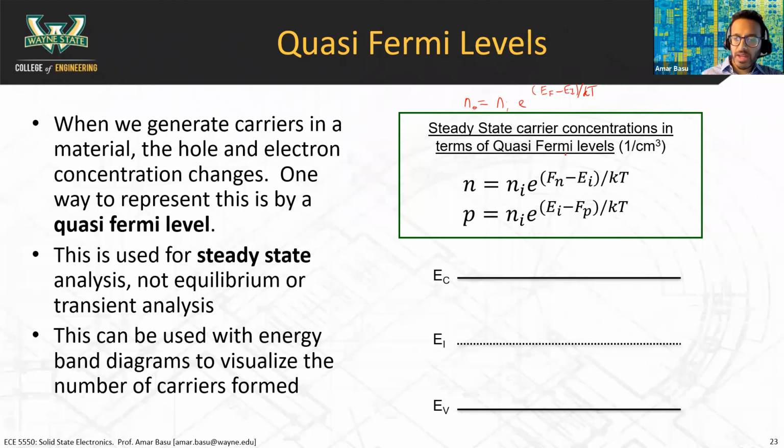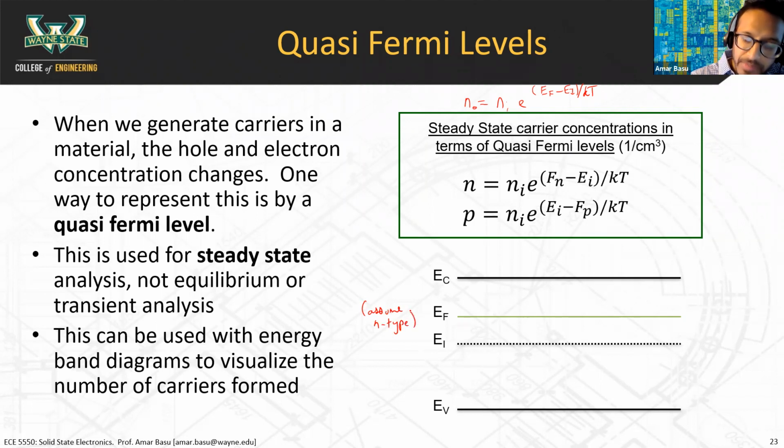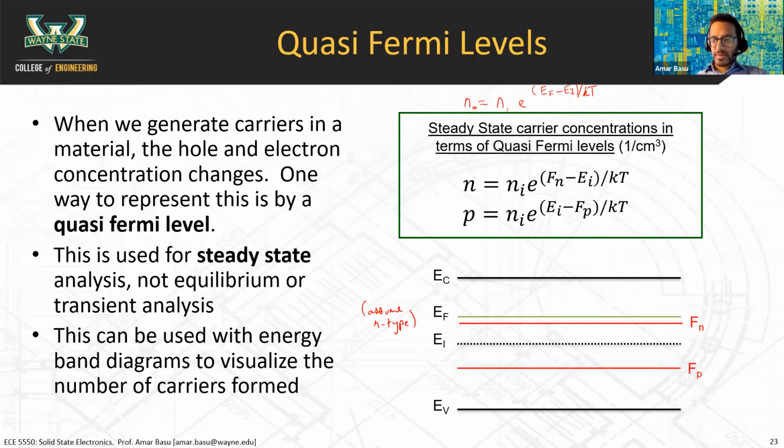Now let's just assume that we have an N-type semiconductor in this example. And now we're going to add F sub n and then F sub p. One of the things you'll notice is that F sub n and F sub p are going to be similar distances to E sub i.